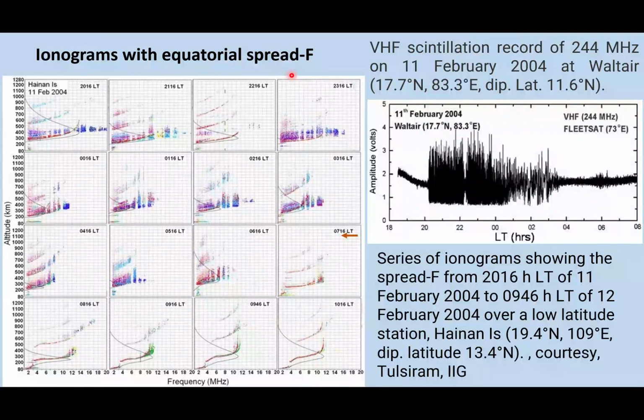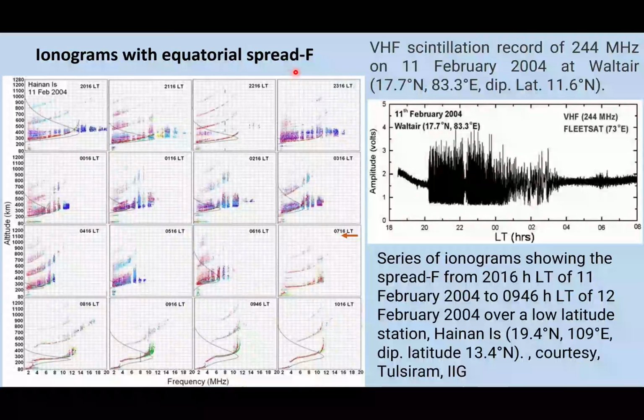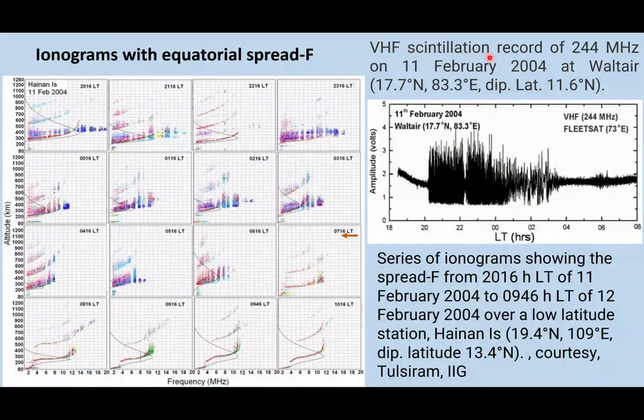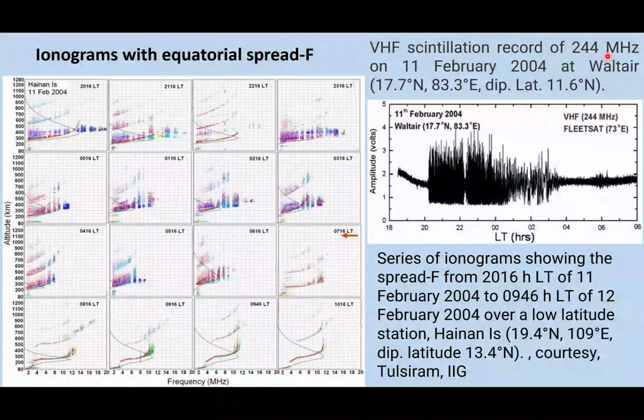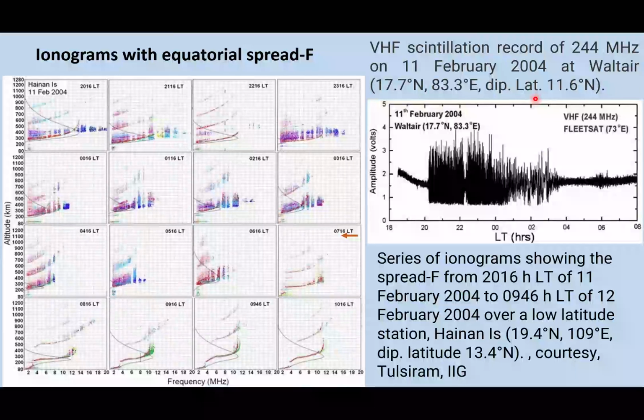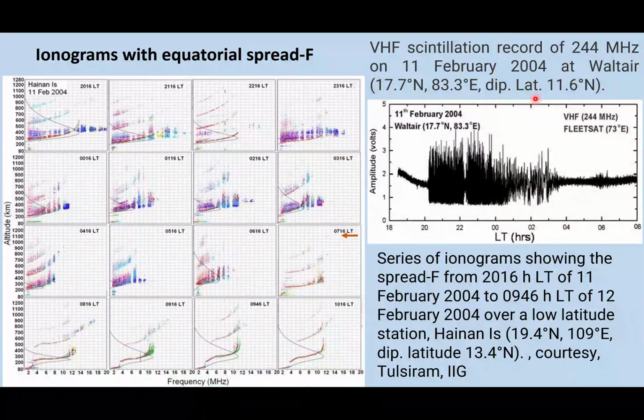Now the effect of this kind of plasma irregularities can also be studied using another technique called very high frequency scintillation. In this case, say a very high frequency signal at 244 megahertz is transmitted from a satellite at a height of about 1,000 kilometers or more, and this frequency being very high compared to the plasma frequency or critical frequency of the ionosphere, it is not reflected, but simply travels through the ionosphere and reaches a receiver on the ground.